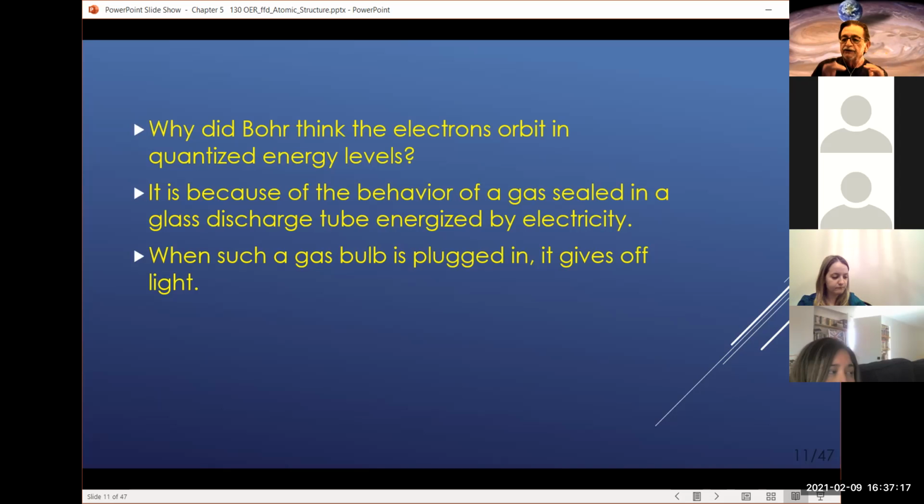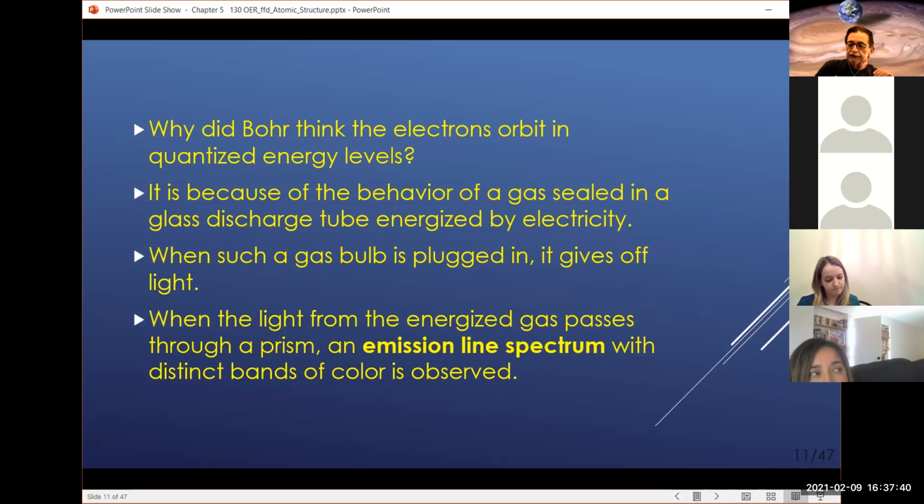And when they do that, they have to emit the energy that they absorbed, and they emit that energy as light. The light that you see is due to the excitement of the molecules in the tube going back to the ground state, and that light is of a very specific amount of energy. We can do this for a number of materials, and we end up with what's called an emission line spectrum.